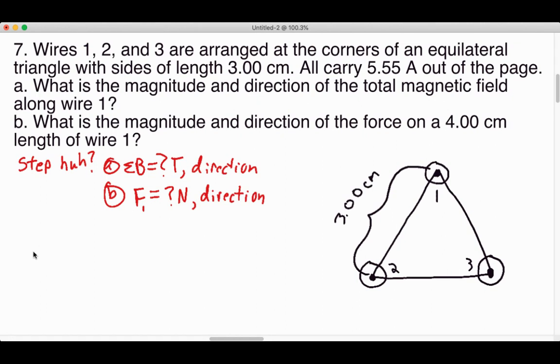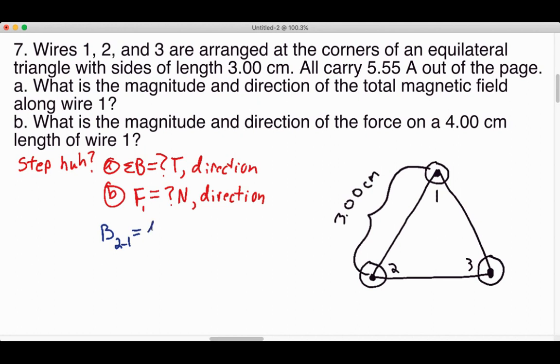So let's pick a nice color. All right, so first let's figure out the magnetic field at wire 1 that is being caused by wire 2. So we're going to write that as B of 2 to 1. So the magnetic field caused by wire 2 on wire 1 is what that means.